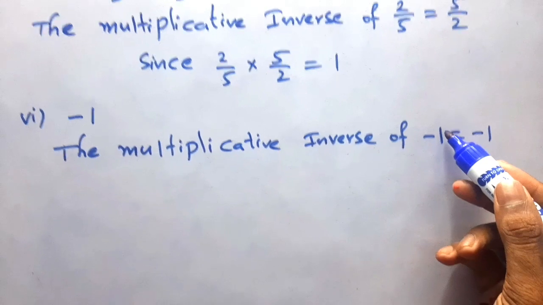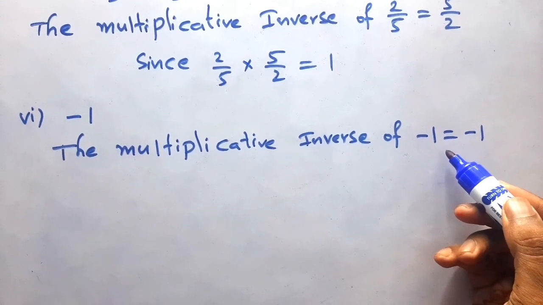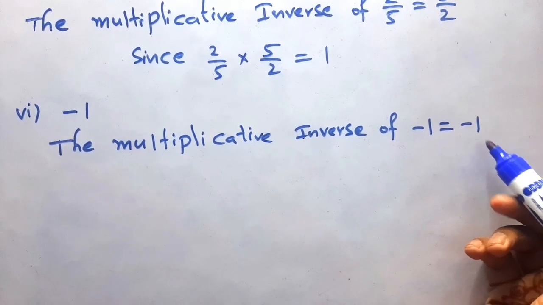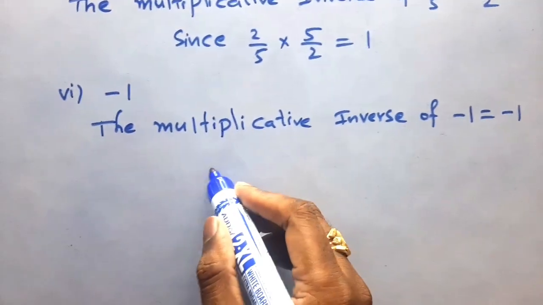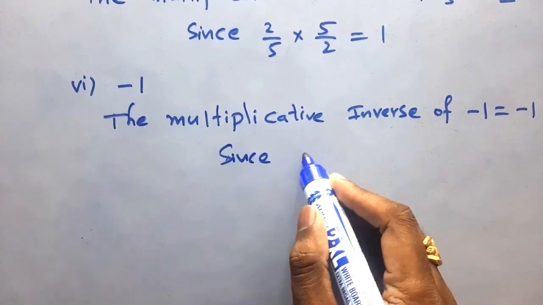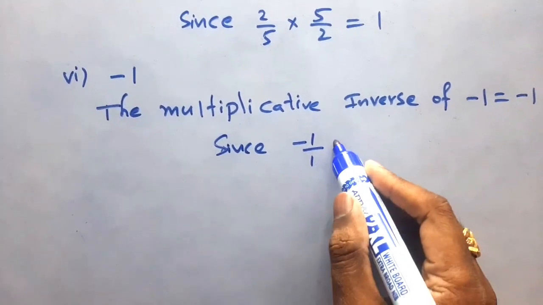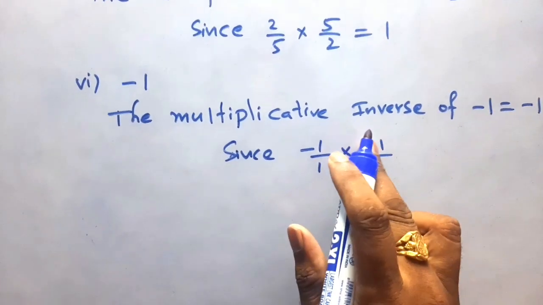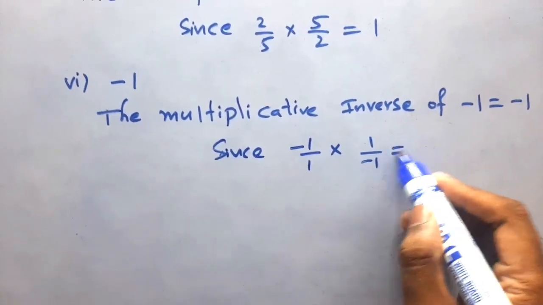Why? Because minus 1 by 1 we can write, multiplicative inverse 1 by minus 1. This will be minus 1. Since minus 1 by 1 into minus 1 by minus 1 is equal to 1.